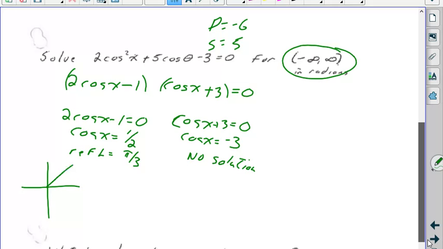Cosine is positive in 2 quadrants, 1 and 4. And we're not quite done.